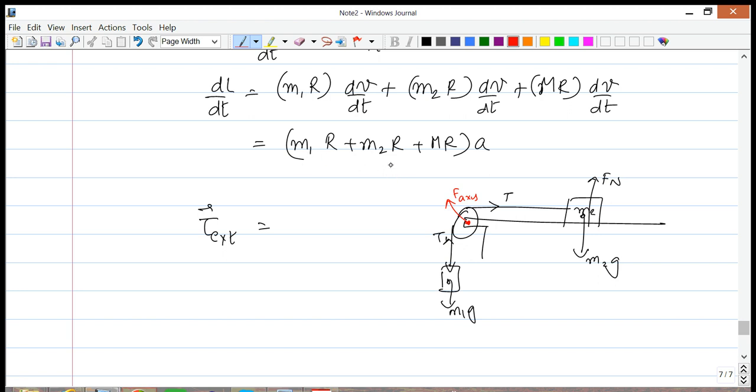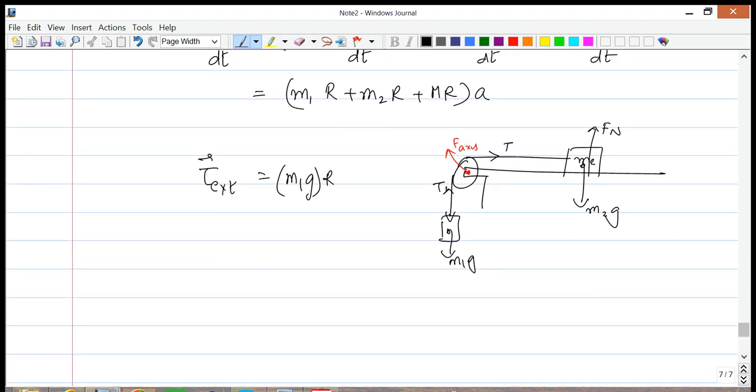They do produce a torque, but since they're equal and opposite, that torque ends up being zero. So the only force that actually gives you a non-zero torque is M1g, and that is equal to M1g times the moment arm, which is r. So M1g times r is the torque. So we have this net external torque.